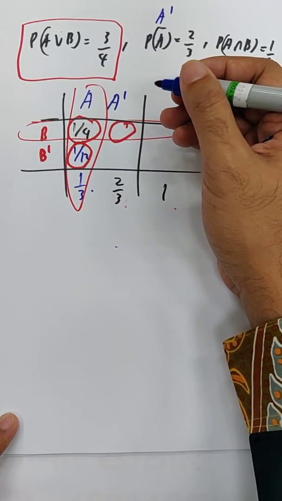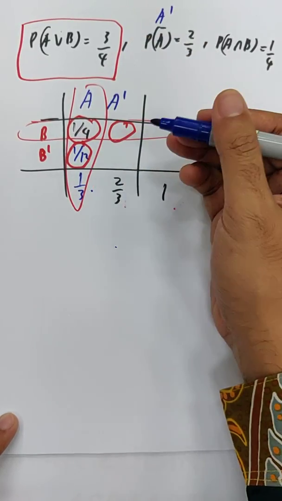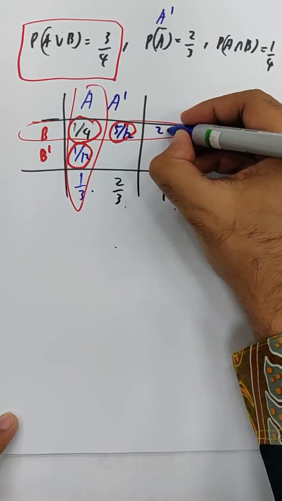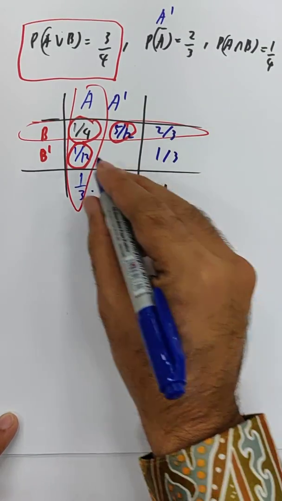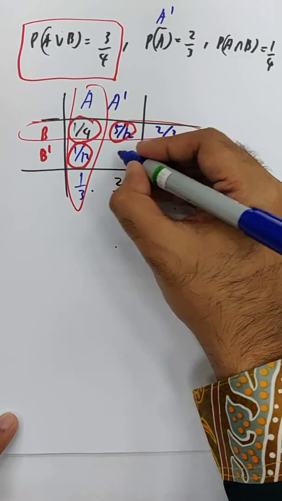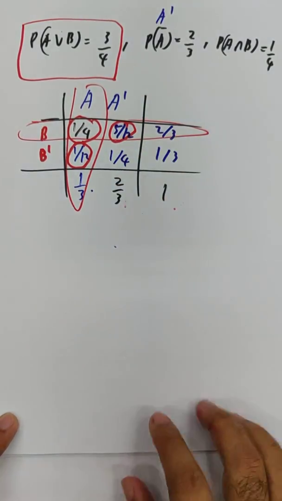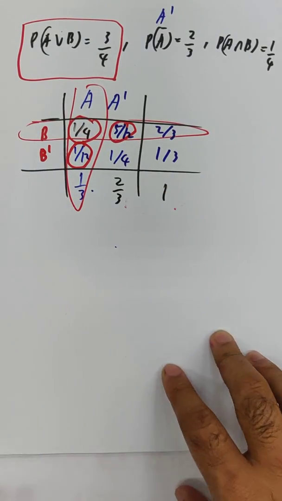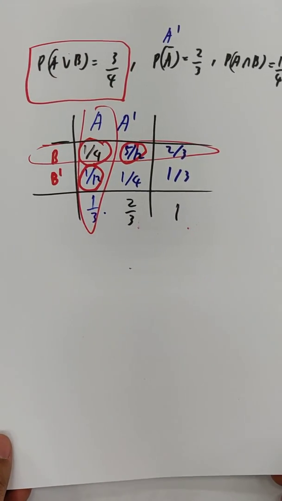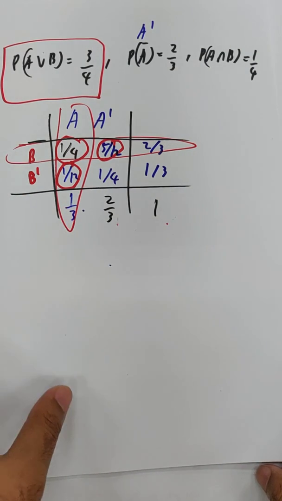So this one here is 2 over 3, 1 over 3, this one 5 over 12, and 1 over 4. And we got that. This is a very nice way of doing things. This is just a matter of knowing where to put your numbers in.